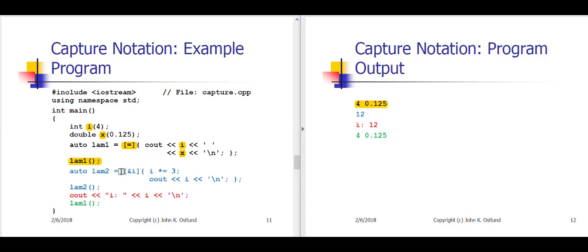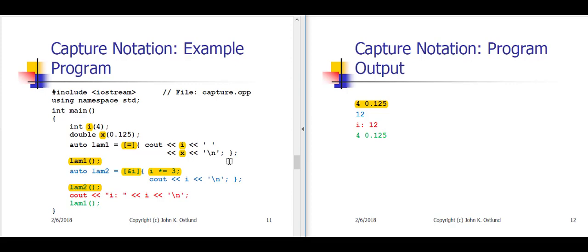All right, lam2 is capturing i by reference. That means that when I execute lam2, if i is changed within lam2, then that change will be reflected back in i within the main function.